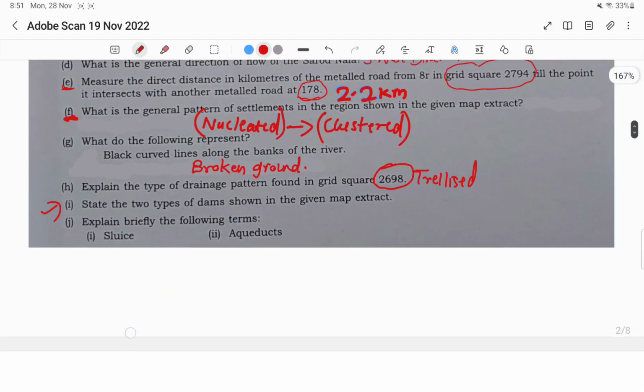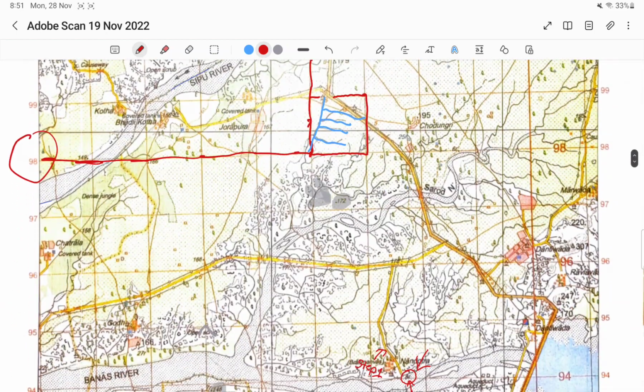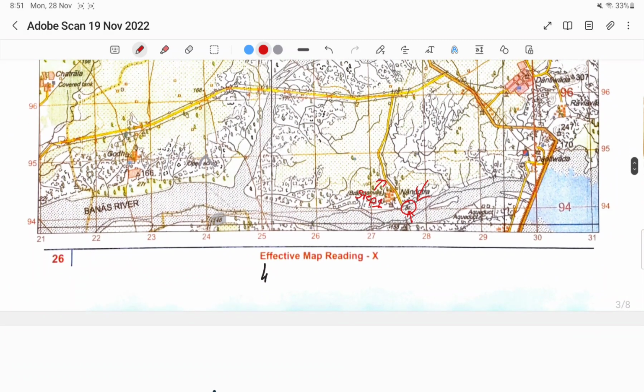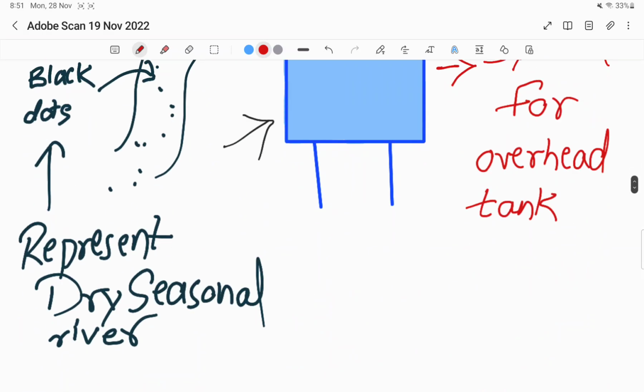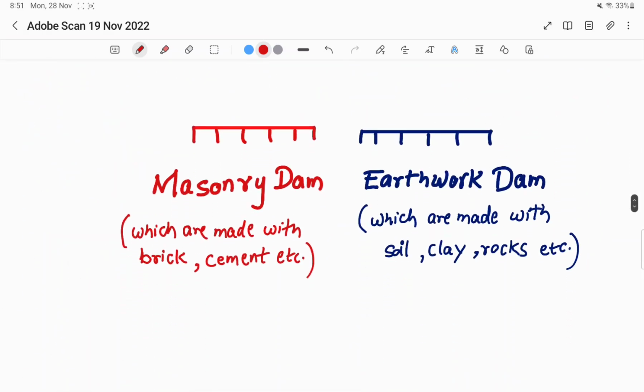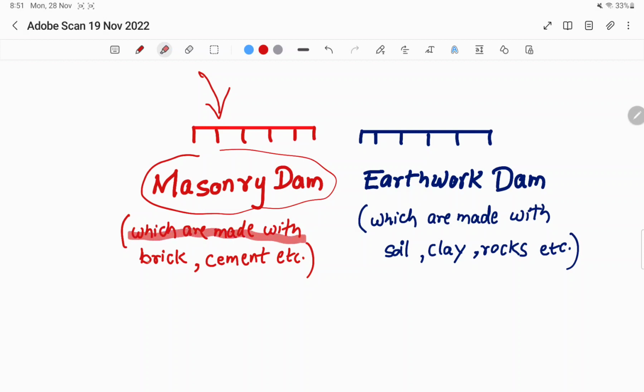First of all, let me show you which two dams you have to see. These are the two types of dam which you will spot in this particular topo sheet. First, you will find one in red color, like this symbol, and this is known as the masonry dam. Masonry dam means the dams which are made with brick, cement and all.